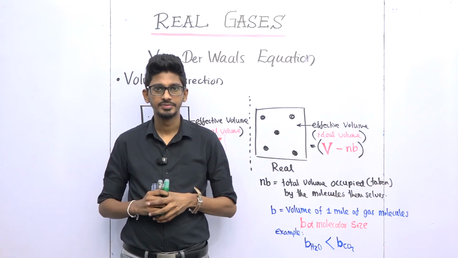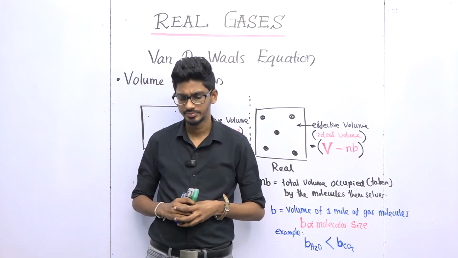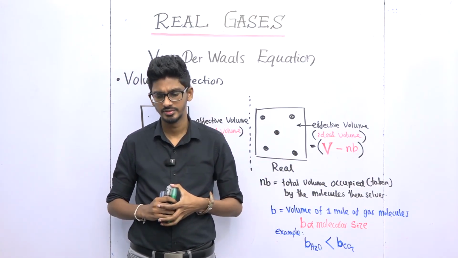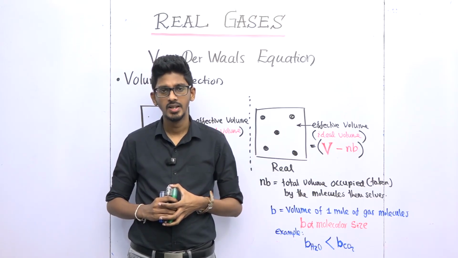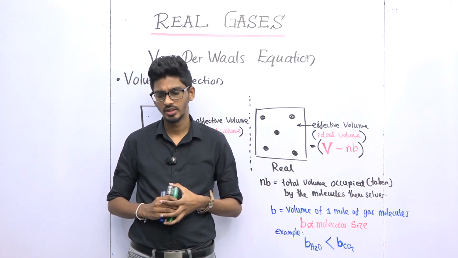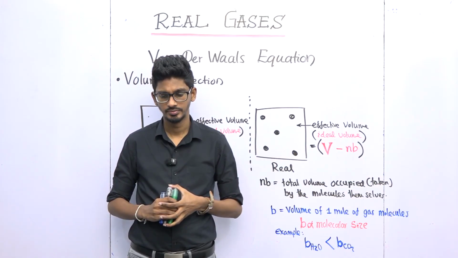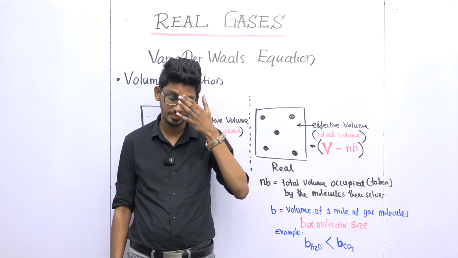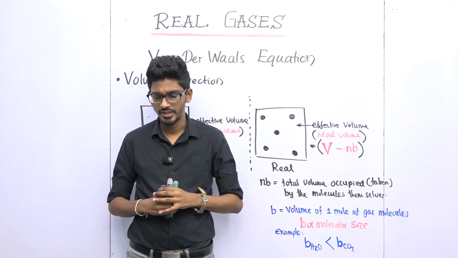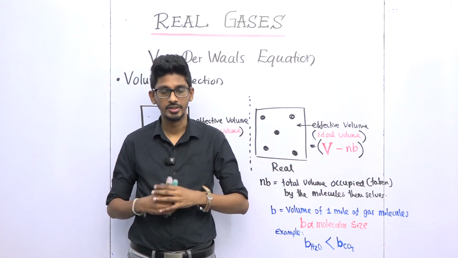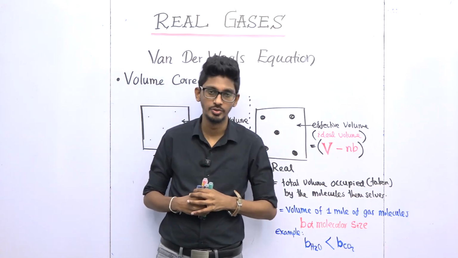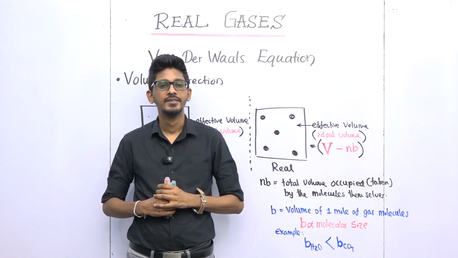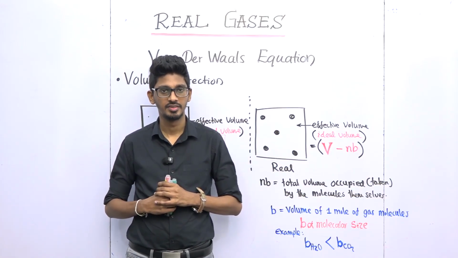At normal pressures, example 1 in 10 power 5 pascals, molecules are close to each other (compared to ideal situation). Come to the next line and write.